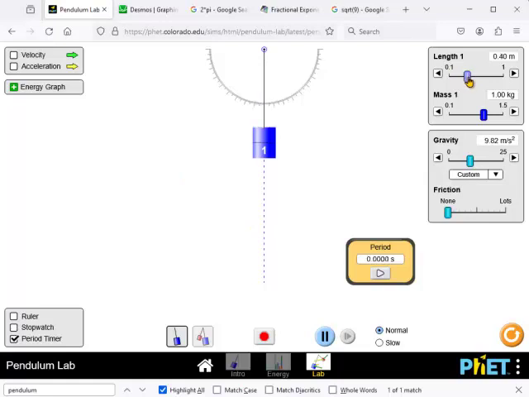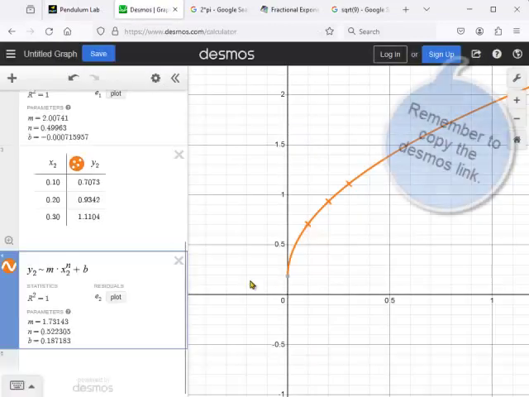Just go to the next one here, 0.40, hit the period timer. Let it swing whatever large or small angle you want, rather a large one, to get new data, and then see what you come up with in the Desmos analysis. So that's it. So this time you have to do more yourself.